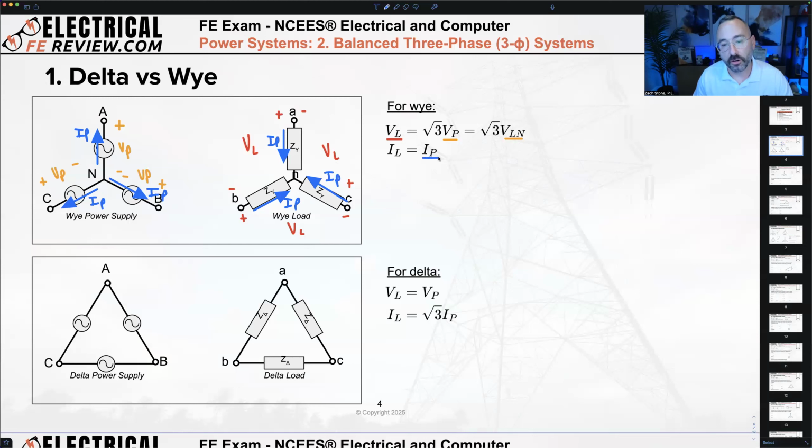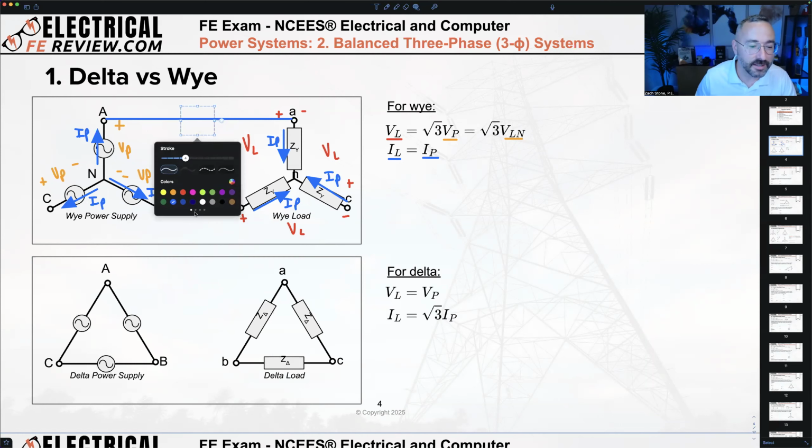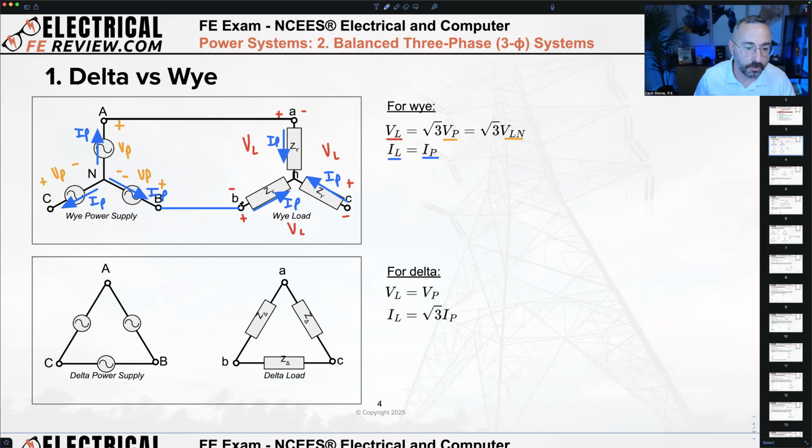Here's our phase current. Let's identify now the line current, and even more so, why these two are equal for a Y connection. So here's my A conductor first. These diagrams are going to get real messy. Here's the conductor for the B phase.